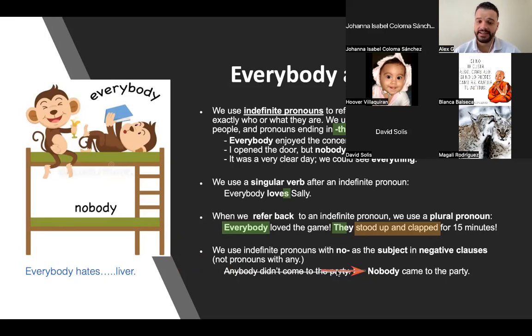So when we want to make a negation, we use nobody, right? Or if it's a thing, you can say nothing was open. You could say, I went out last night and nothing was open. In this case, I'm talking about objects, about things. So you can use nothing or nobody, okay?